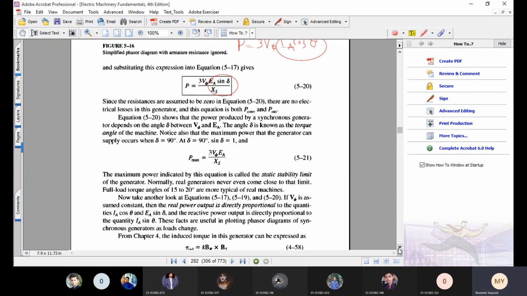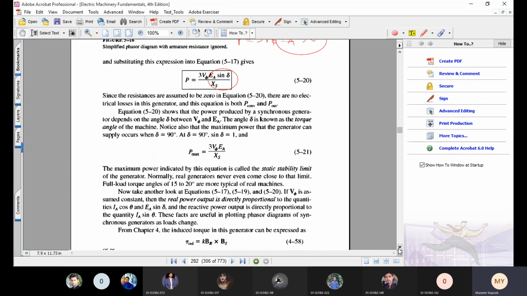Because delta is known as the torque angle, and a synchronous generator typically runs at a torque angle of 15 to 20 degrees. And in very special cases, torque angle is increased to thrice this value, that is 20 into 3. At most, torque angle could have a value of 60 degrees. So obviously this 90-degree angle would never be achieved. It's just a theoretical maximum.